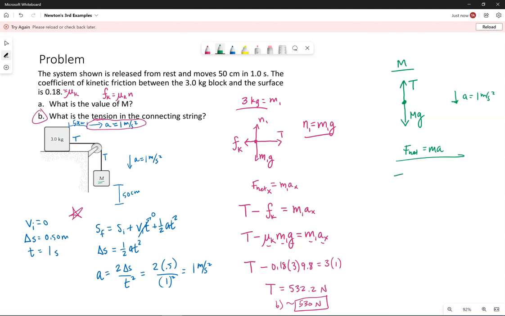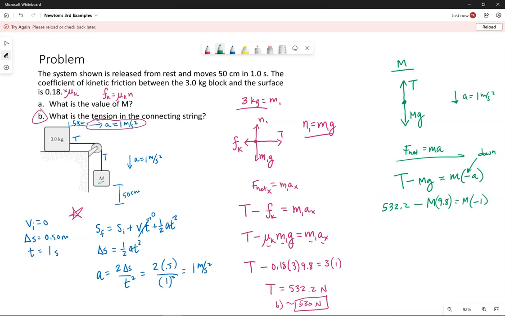So here we know there's a tension force up, force of gravity down. So that represents the net force. This will equal the mass of this block times its acceleration. But again, I need this negative sign in here to represent that it is accelerating downwards. So we've calculated the tension. We're looking for the mass.